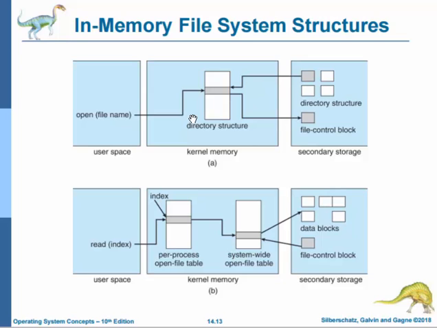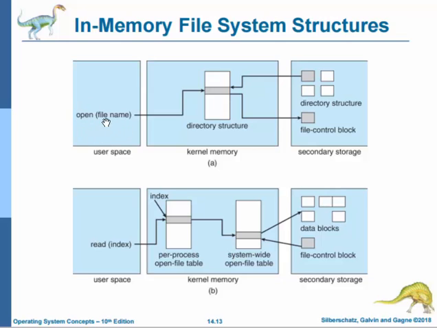Now, in this illustration we see the in-memory file system structures. In letter A, for example, a file has been created and it can be used for input-output, so it must be opened.